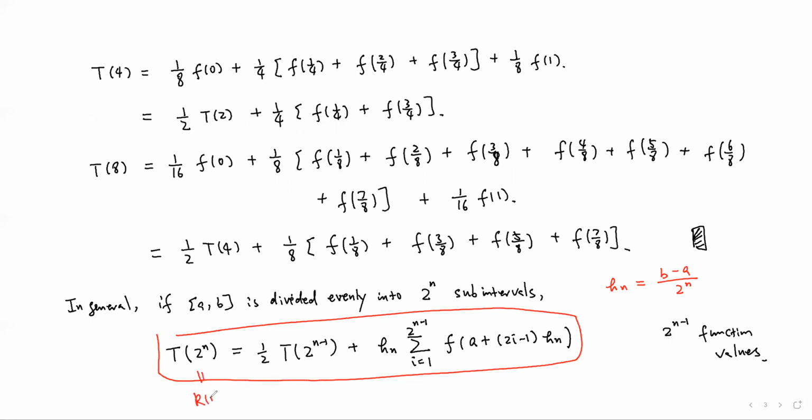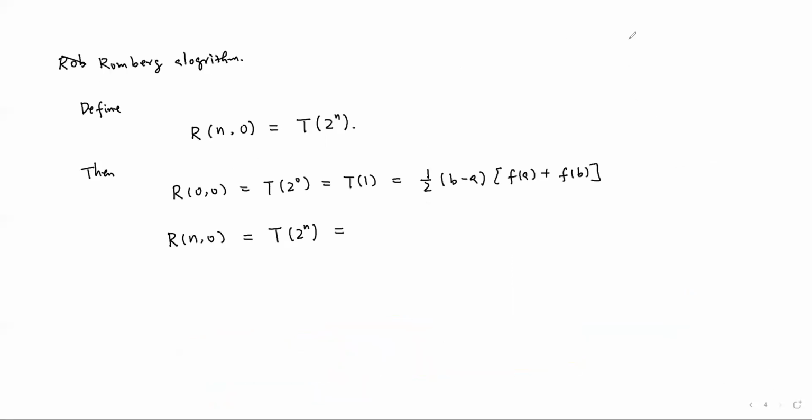So this should be R(n-1,0). So it equals 1/2 R(n-1,0) plus h_n summation i from 1 to 2^(n-1) of f(a plus (2i minus 1) h_n).